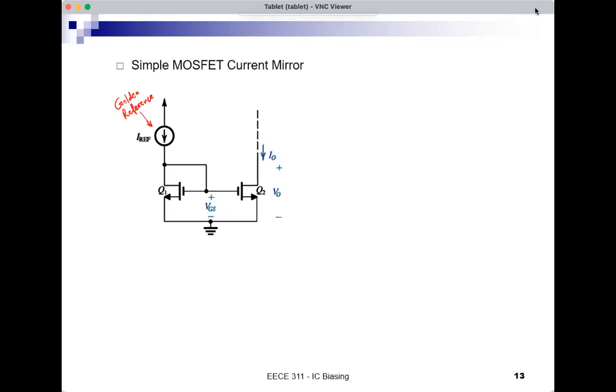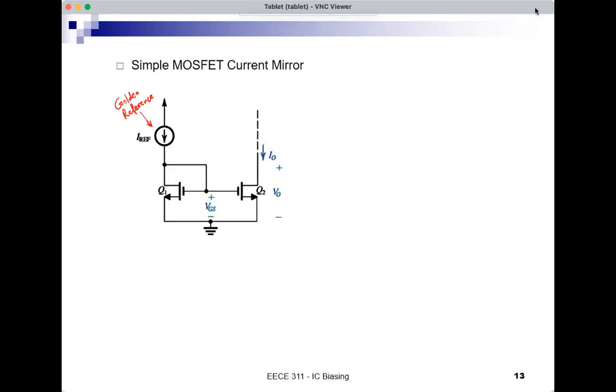So I want to build this golden reference only once, and I know that it will give me a current that is almost perfect, constant all the time, no matter what. If the voltage changes, if the temperature changes, if the noise level changes, if the humidity changes, if the device parameters change, I want this to be always equal to IREF. So this will be a circuit that I don't want to repeat many times because it's large, expensive, and complicated.